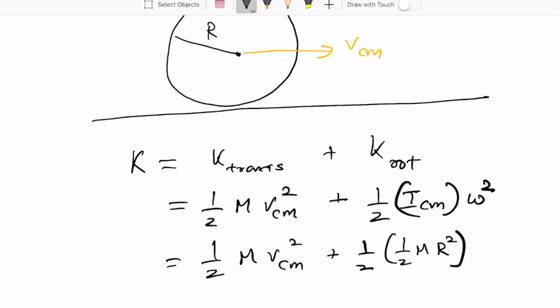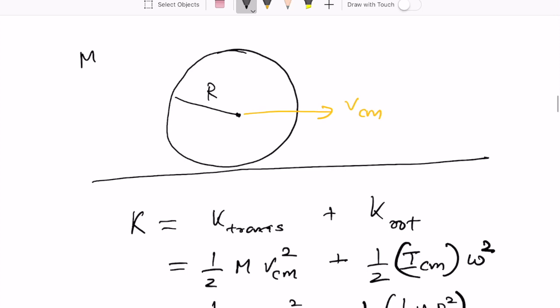What about omega? So omega is the rate at which the disk is spinning about its center of mass, right? We are given one piece of information which allows us to figure out what the omega is, which is that the disk is rolling without slipping. Now we could not have used that equation if the disk was not rolling without slipping.